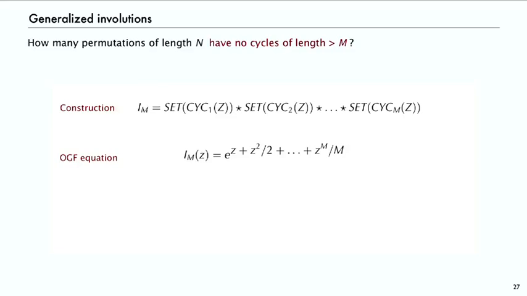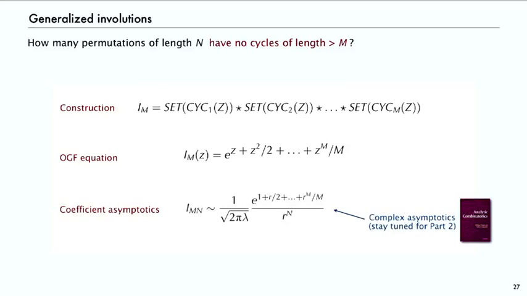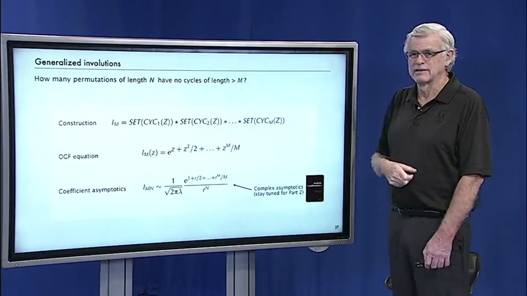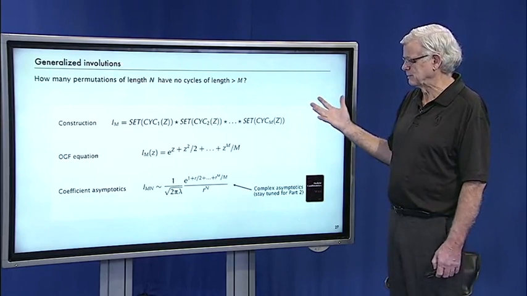That's direct from the symbolic method. The coefficient asymptotics of that one is one of the most difficult derivations in our analytic combinatorics book. But we can know the asymptotics of that through analytic combinatorics.